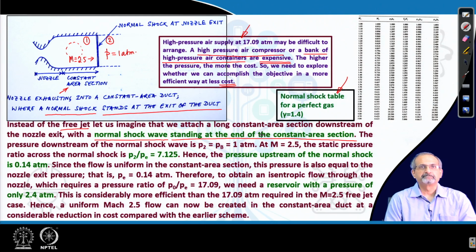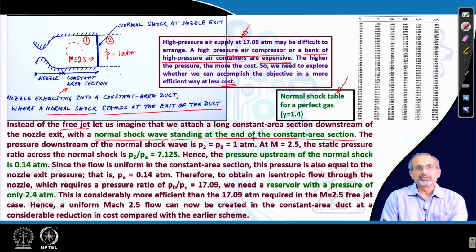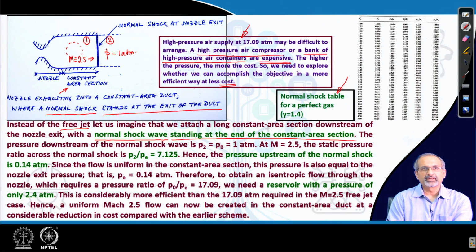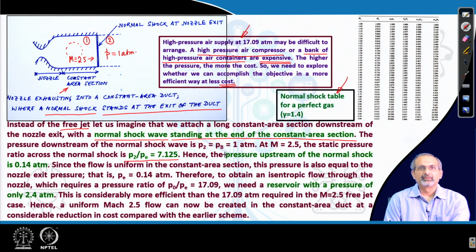Again, for air, from the tables which we will see soon, we can figure out that the static pressure jump across the shock will be 7.125, which means you can have a 1 by 7.125 atm ahead of the shock, because you get this much jump across the shock anyway.